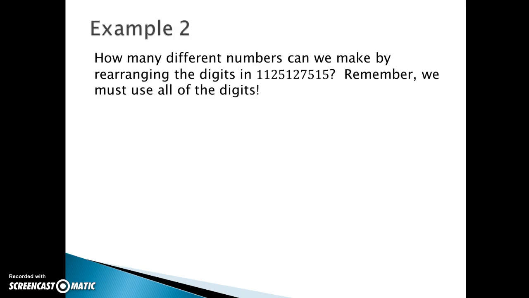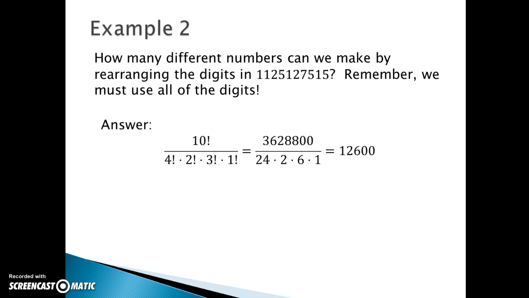So let's use this process. Let's determine how many different numbers we can make by rearranging the digits in 1, 1, 2, 5, 1, 2, 7, 5, 1, 5. Remember, we must use all of the digits. We can't just use 3 of them or 5 of them, and so on.